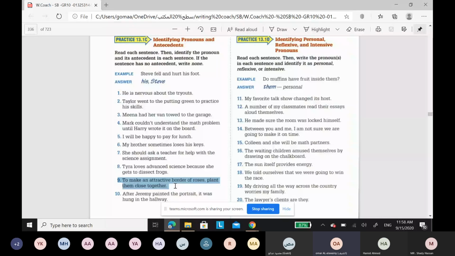Roses. Yes, thank you. After Jeremy painted the portrait, it was hung in the hallway. It. Yes, and it refers to what? Painted? No, painted is a verb. Portrait. Yes, portrait. That's right.